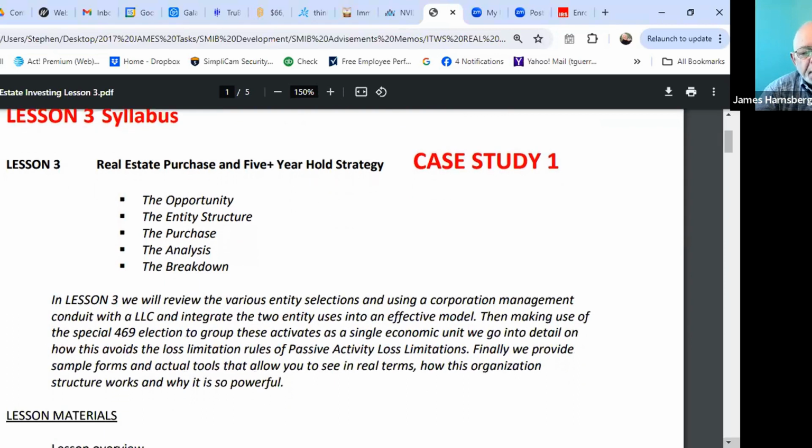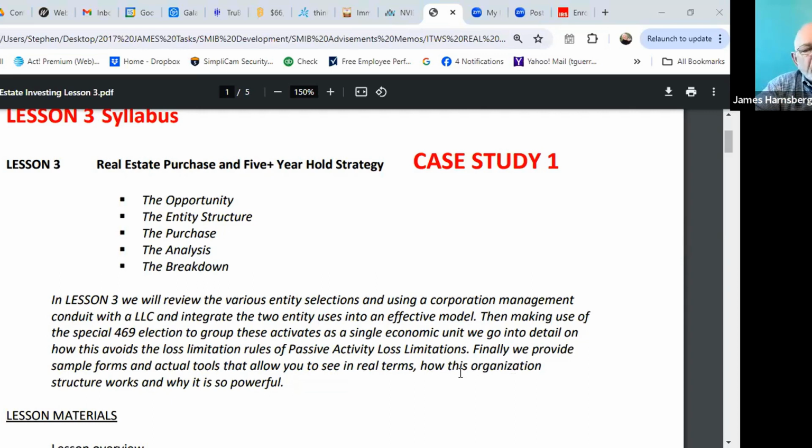We want to look at the entity structure because most importantly in this process, the most significant part of a challenge in real estate investing is how you invest in the real estate decides how you get taxed in the real estate.